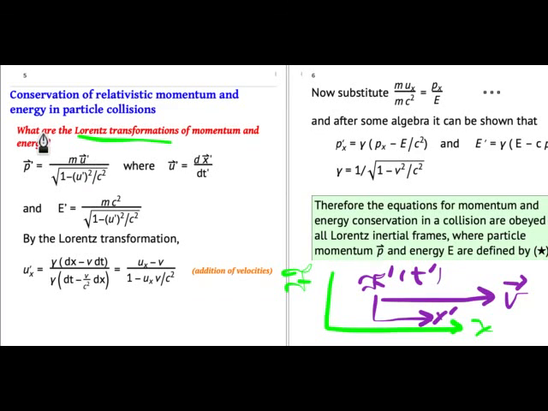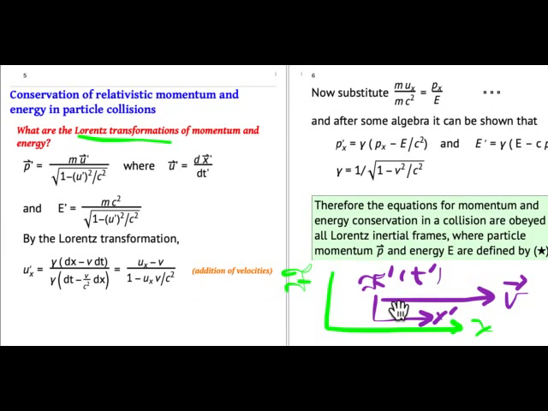All right, so let's look at momentum and energy first. For an object observed in the frame F prime, so that will be momentum p prime and energy E prime.